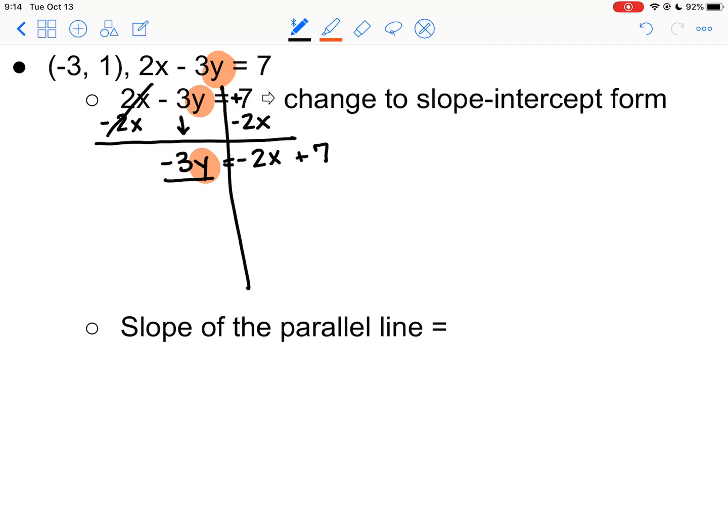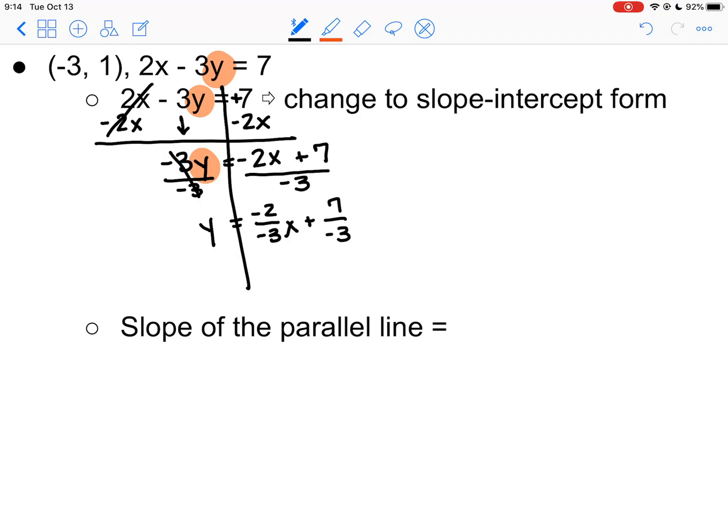When I divide by negative 3, I do that on both sides. And on the right side, both terms are getting divided by that negative 3. So if I think about this broken down as each term being over negative 3, that's negative 2 over negative 3x, and then plus 7 over negative 3.